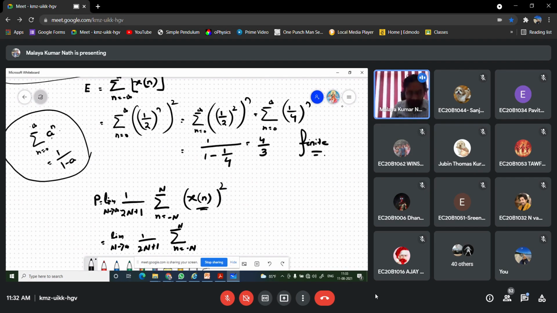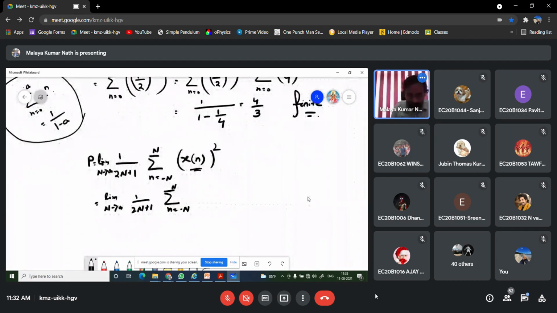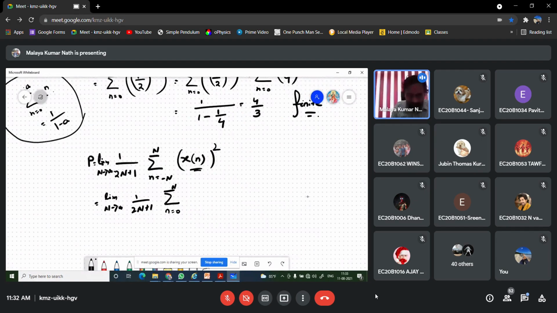As this exists only for positive time, it can be represented with n from 0 to N. So instead of minus N to N, I can write n equal to 0 to N of (1/2)^n whole squared. That total can be represented as 1 by 4 to the power n.